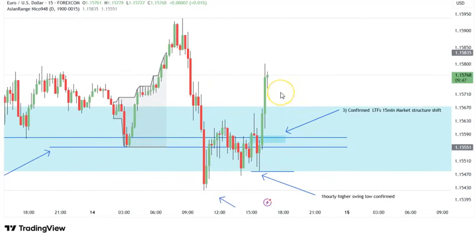So if you take a look at the first chart of this video, that's where we traded this market structure shift. So we understand that daily time frame is bullish, 4-hourly time frame is bullish, 1-hourly time frame is bullish.